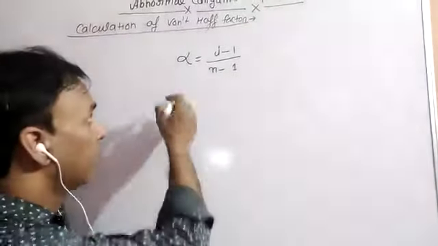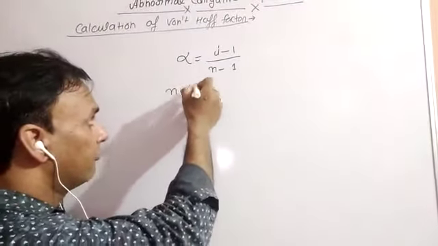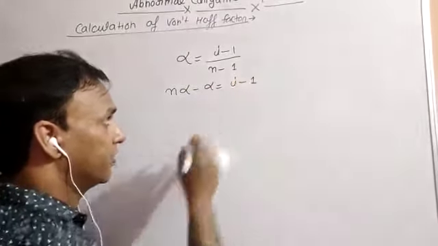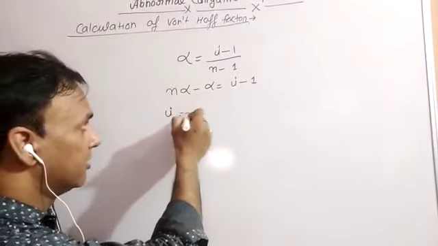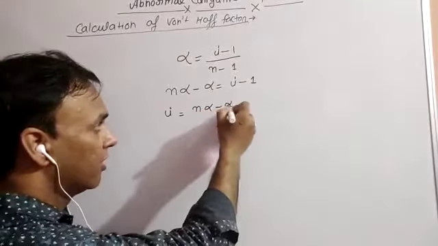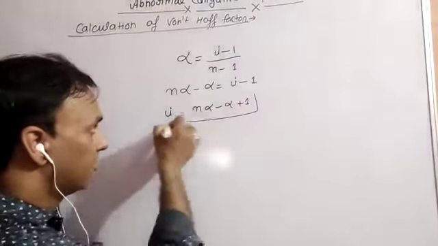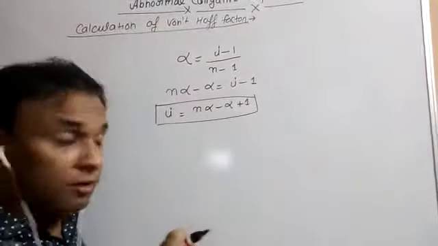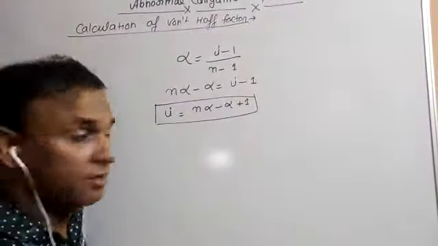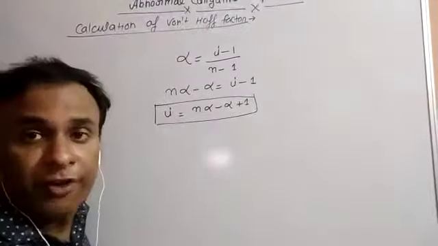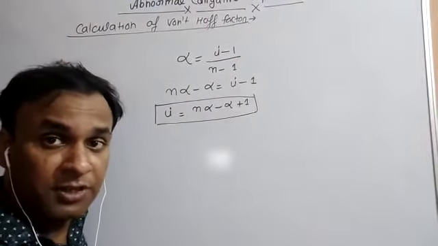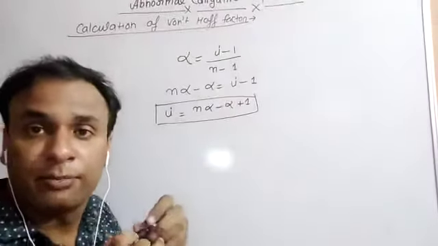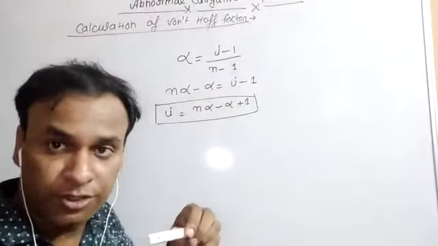To simplify, n alpha minus alpha equals i minus 1, that means i equals n alpha minus alpha plus 1. It can be used when degree of ionization and van't Hoff factor are involved. Clear? Where i is the van't Hoff factor, n is the number of particles after dissociation.